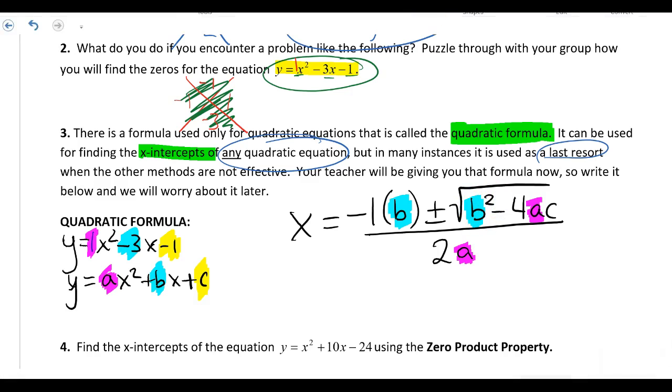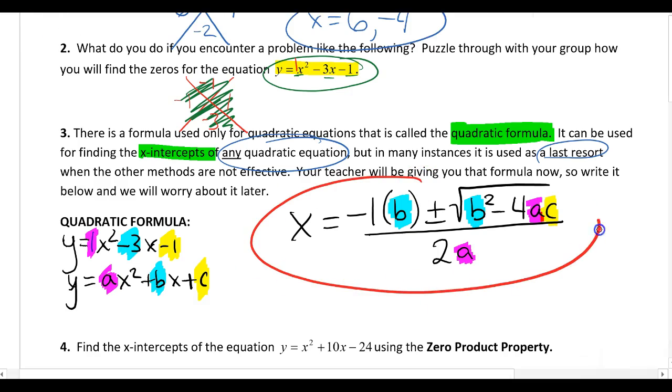And the last letter that we brought over was the C, which shows up one time underneath the square root. So here's our formula, and this formula does not change. That negative 1 won't change, it'll be negative 1 every time you use it. The 2 will be 2 every time, and the 4 will be 4 every time you use it.